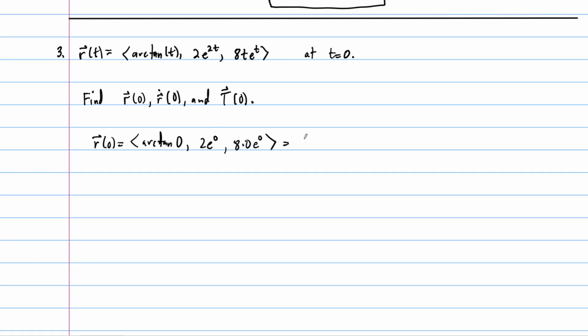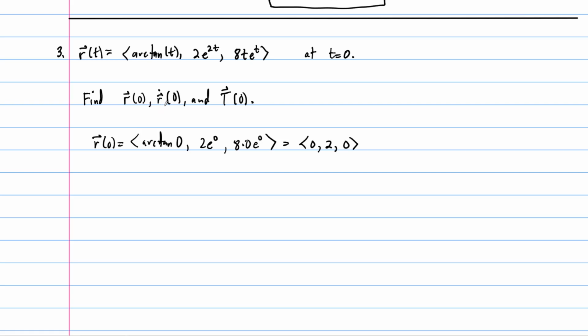Arctan of 0 is 0, 2 times e to the 0 is 2, and 8 times 0 is 0. So there's r of 0. It's the vector 0, 2, 0. If we think of this as a particle, then this is the position of our particle at time t equals 0.